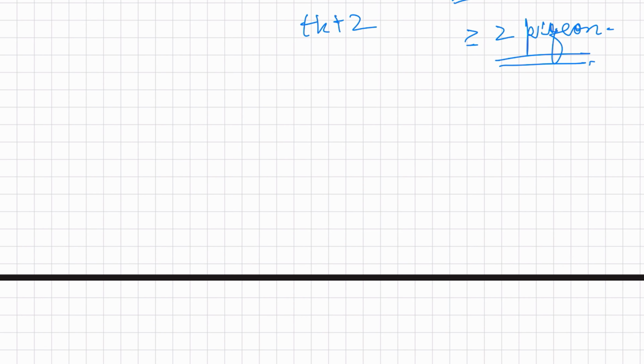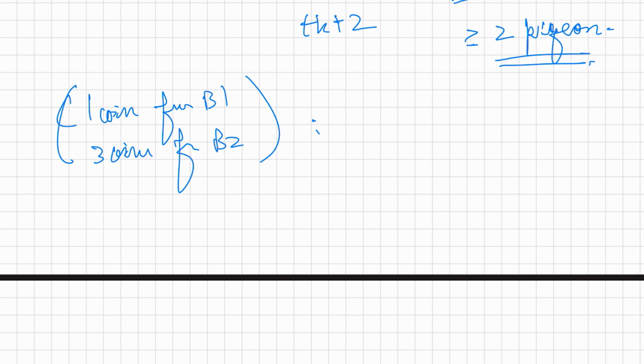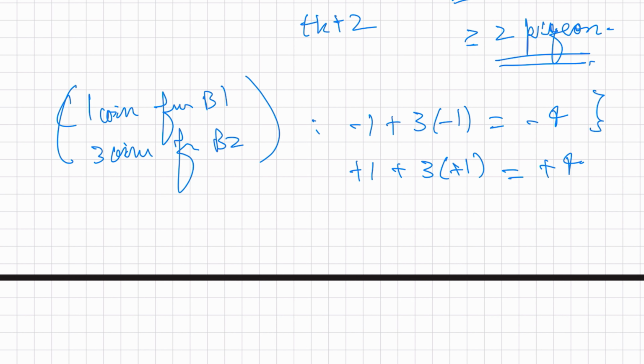Okay. All right. So for this, I propose, let's say you take 1 coin from bag 1 and 3 coins from bag 2. What do you have here now? The range is going to be -1 plus 3 times -1, which is -4. And the extreme positive is going to be +1 plus 3 times +1, which is +4. Now this is for 9-gram coins, and this is for 11-gram coins, right? And there can be other cases as well. There could be 9-10, it could be 11-10, other cases. But if you cover the extremes, you will get the range.